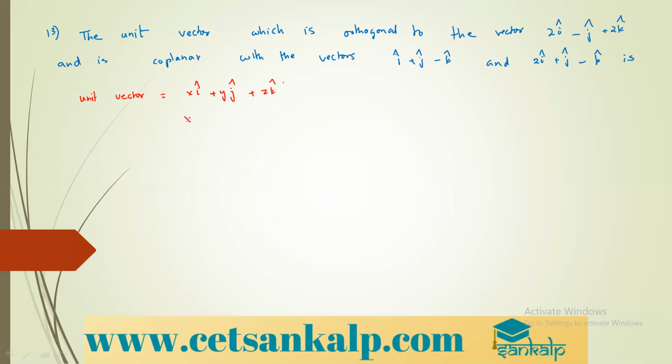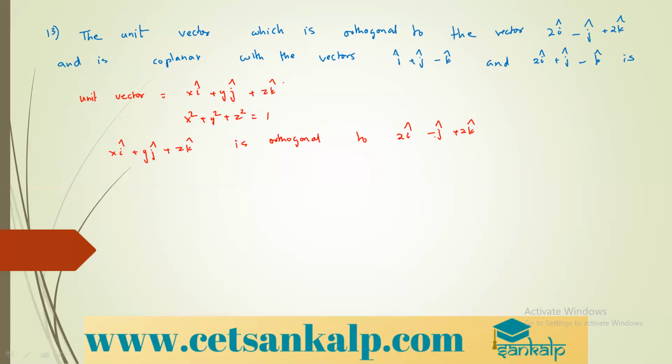And so we will have x square plus y square plus z square equal to 1. Now this unit vector xi plus yj plus zk is orthogonal to 2i minus j plus 2k.